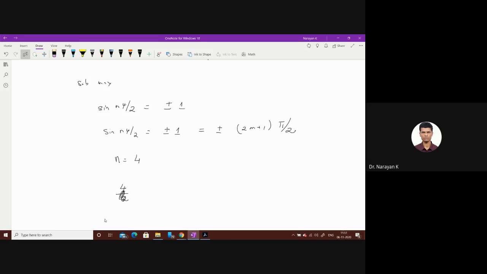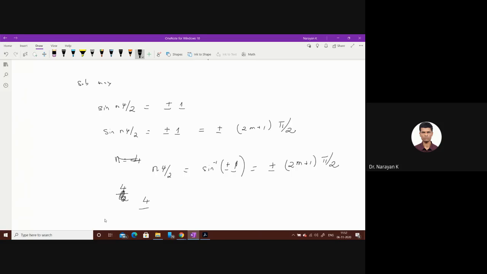Okay. Wait. So one small thing, n psi by 2 is equal to sine inverse of plus minus 1. Sine inverse of plus minus 1 is equal to plus minus 2m plus 1 into pi by 2. Agreed?